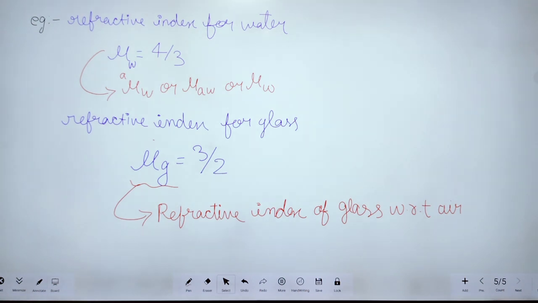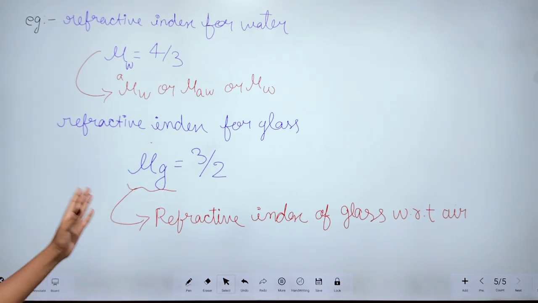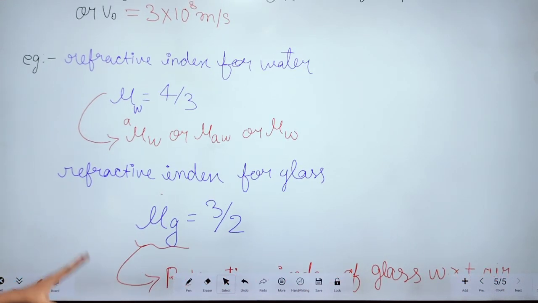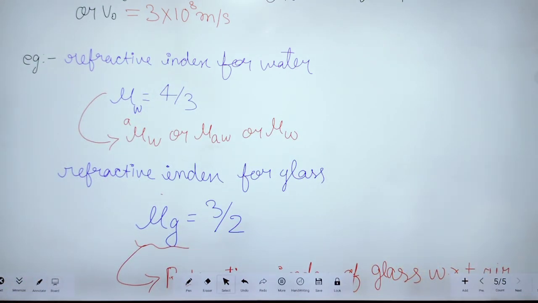You can read it like this: refractive index of glass with respect to air is equal to 3/2, and refractive index of water with respect to air is equal to 4/3. So I hope you understand this.